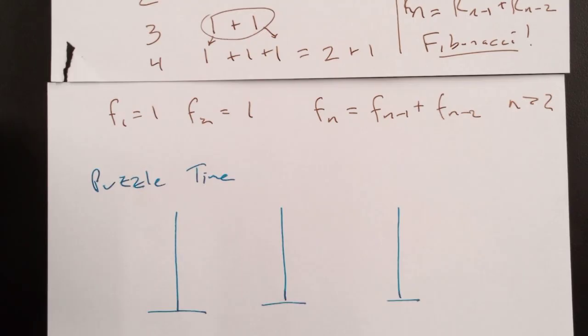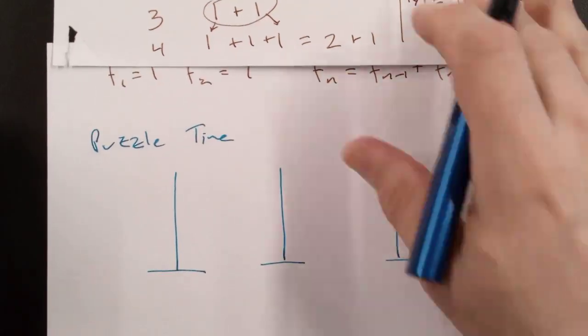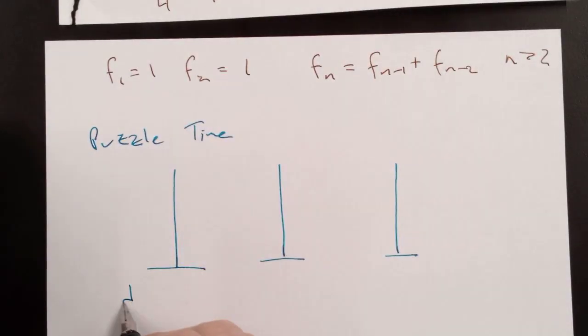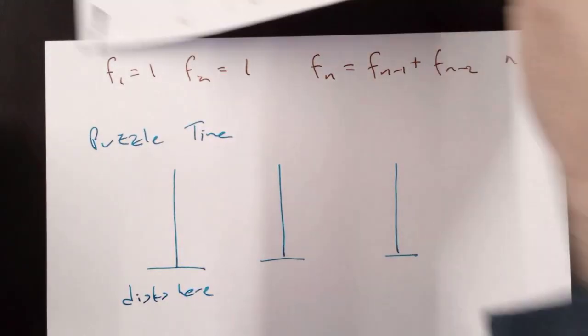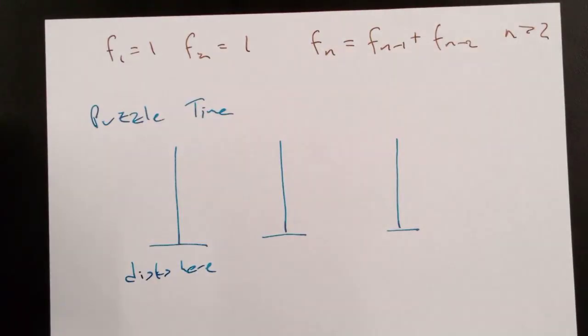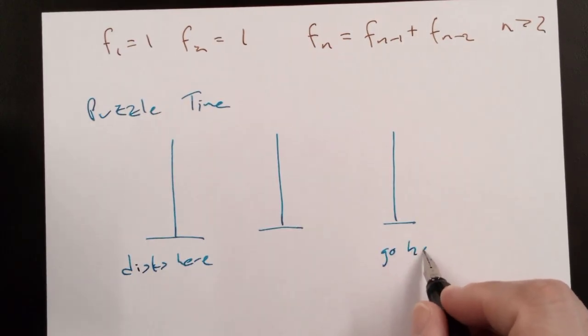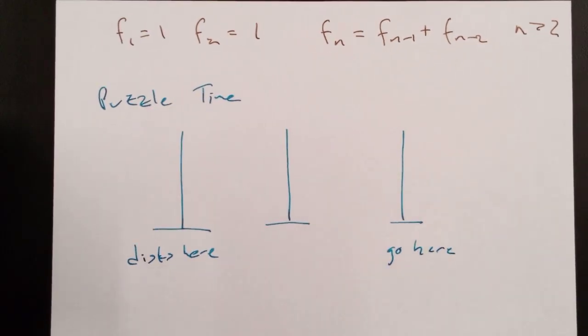You have a stack of these discs over here in column number 1. You are only allowed to move 1 disc at a time. I want them all to go here. Doesn't seem like a difficult thing, right?